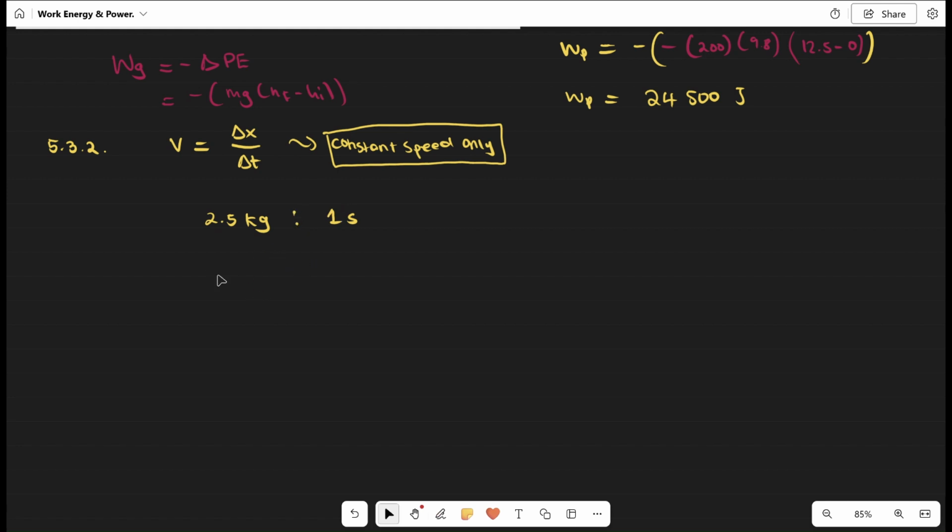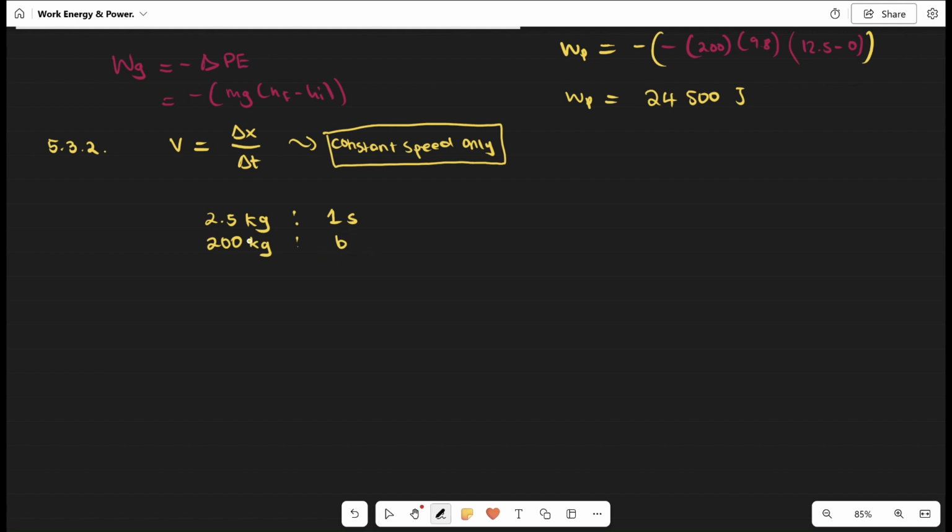So what we can do now is, instead of 2.5 kg, I have 200 kg. If I have 200 kg, how long will it take? Let me not use x because it's going to confuse with this x. Let's just say t is our time.